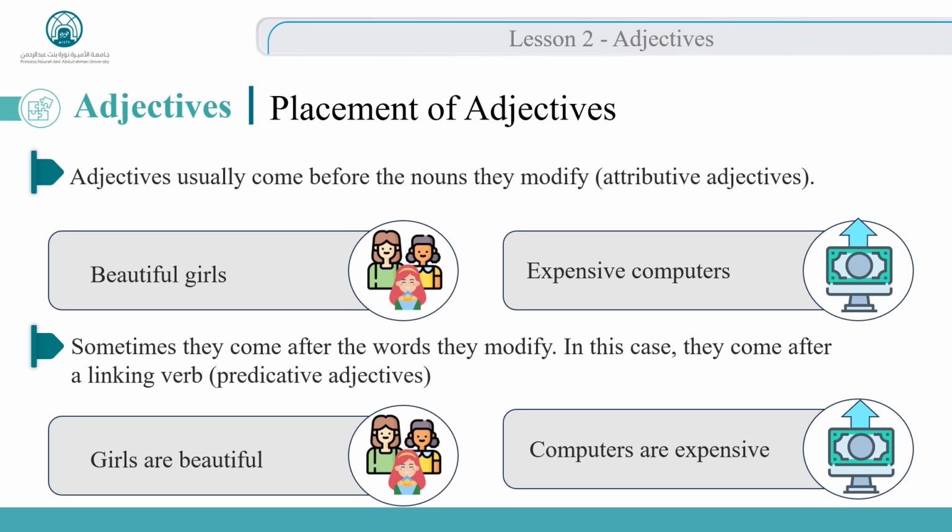But I cannot say beautiful they. So to recap, we can use attributive adjectives, which come before the word they modify, only to modify nouns. And we can use predicative adjectives, which come after the linking verb, to modify both nouns and pronouns.